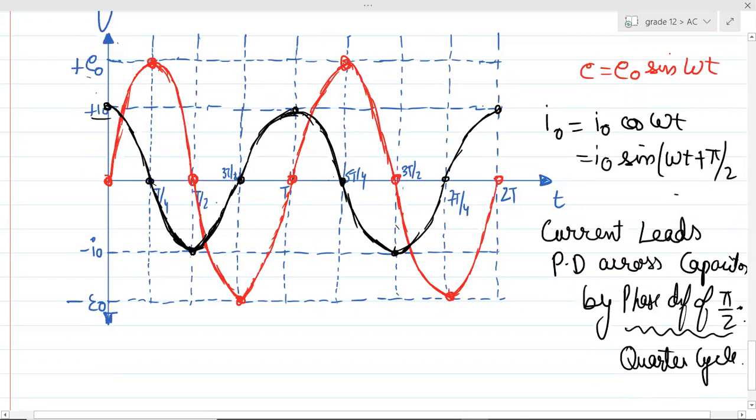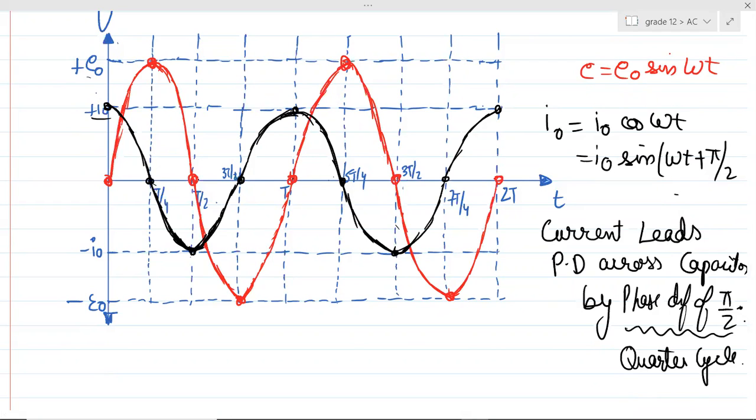Tell me, out of EMF and current, which will reach the maximum value first? Will current reach the maximum value first or will EMF reach the maximum value first? EMF. Current. Now why is there a difference in opinion?